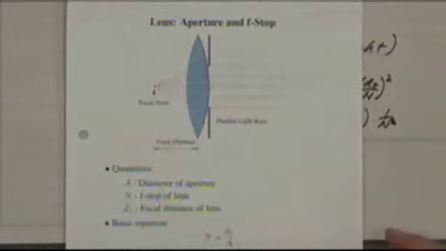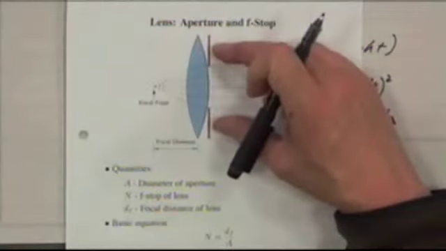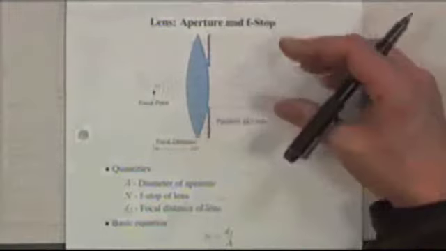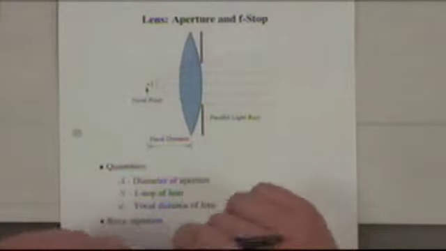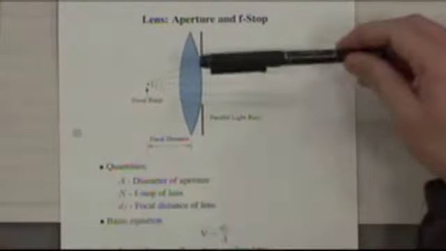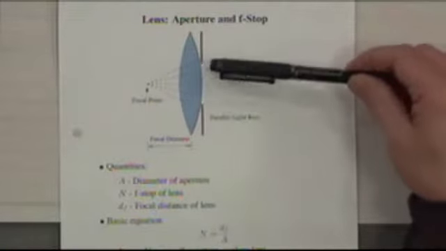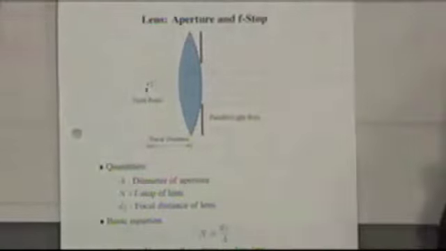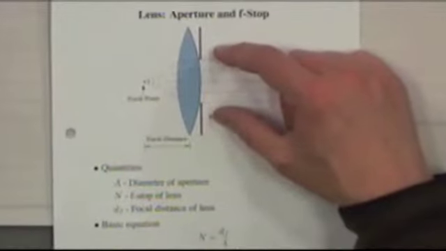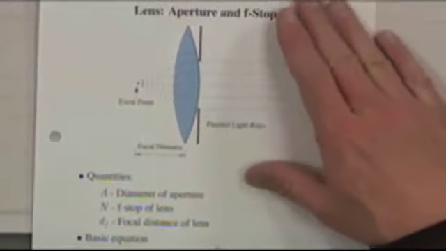Okay, so you say, well, is it always better to have a faster lens with a lower f-stop? Do you let more light in? Well, the answer is it's not always better. There are some important trade-offs. If you talk to a photographer and ask whether it is better to have a larger or smaller f-stop, or a larger or smaller aperture, they'll say it really depends on what you're trying to do, okay?